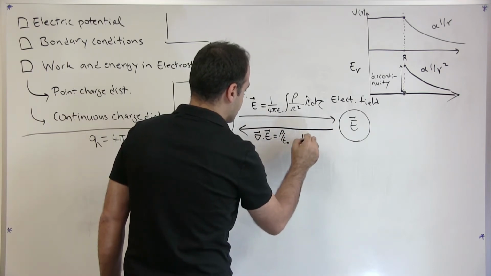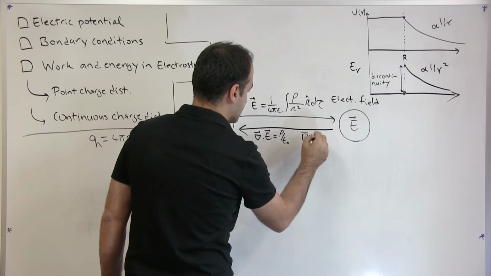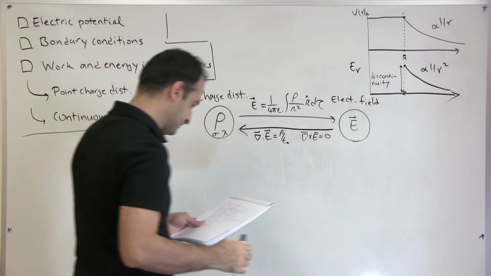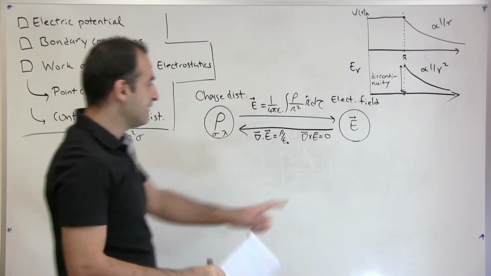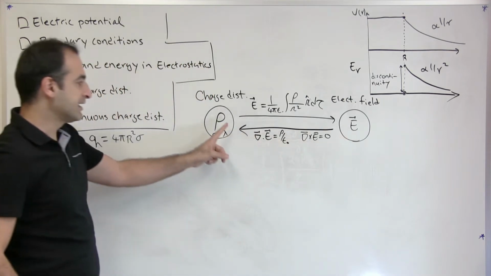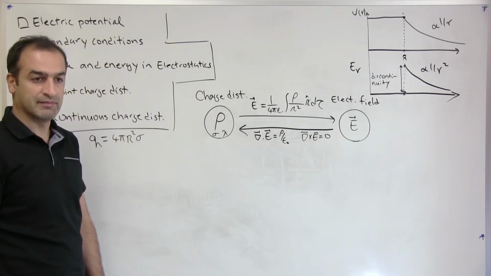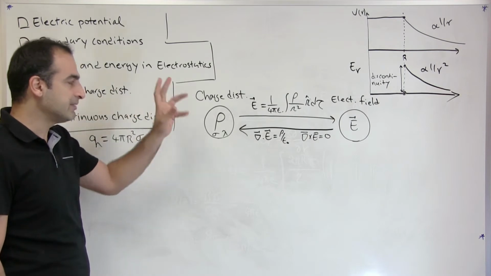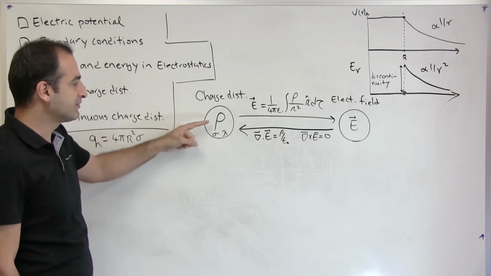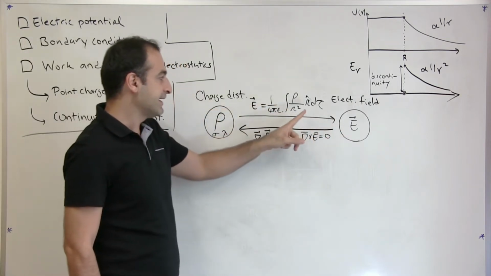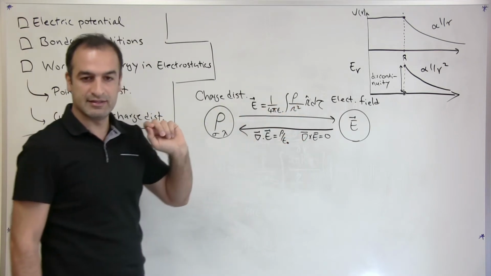At the same time, we know that the curl of the electric field is 0 as well. So if we have the electric field, we can go back and calculate the charge density. But the typical question in electrostatics is moving the other way, and the difficulty is that this integral is difficult.